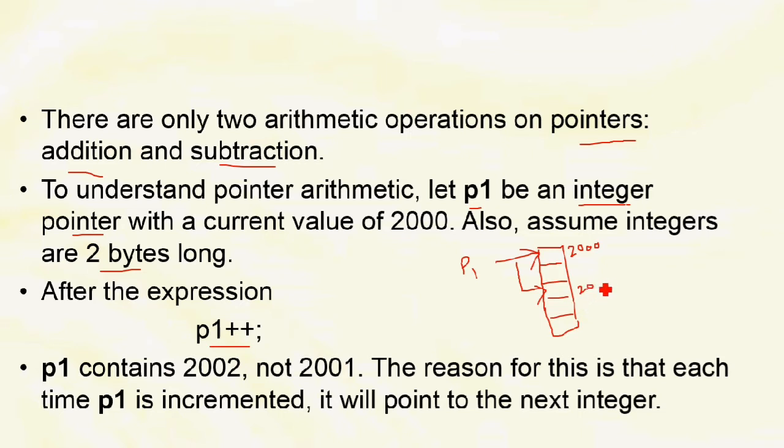It is not 2001, because while incrementing a pointer, the increment happens based upon the type of the pointer. Here it is an integer pointer, and integer is 2 bytes long, so 2 bytes are added. The new location will be 2002, not 2001.